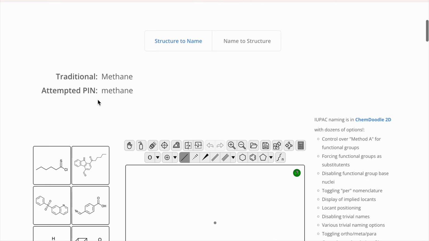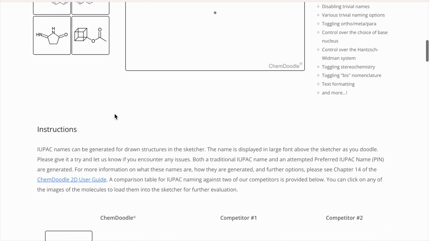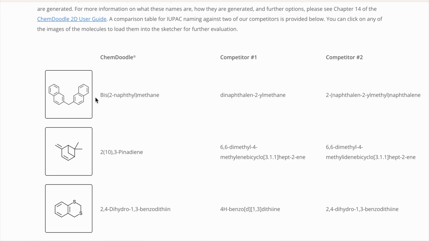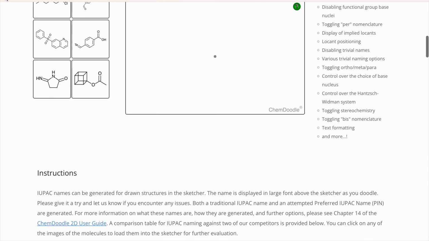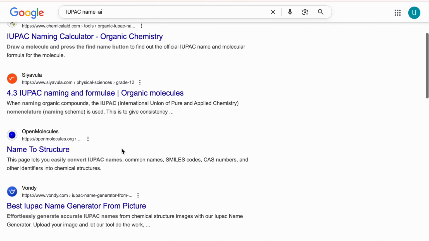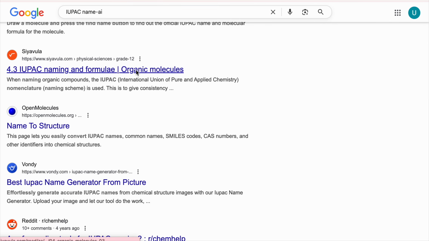Okay. Methane. IUPAC naming and formula.